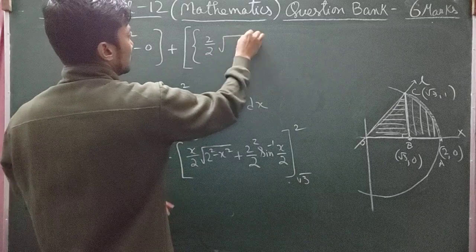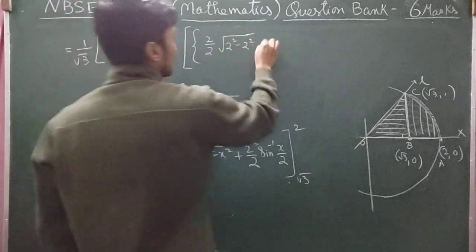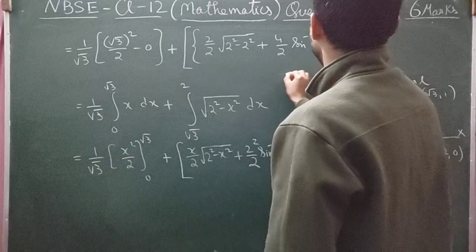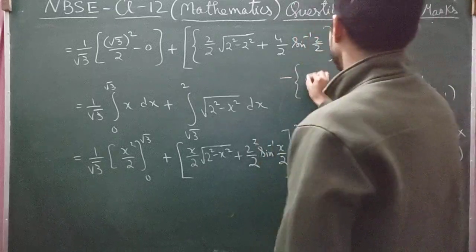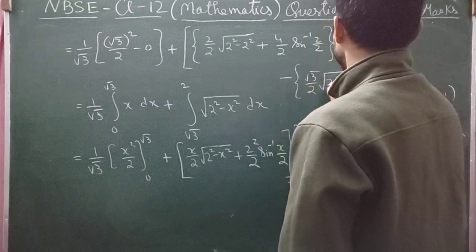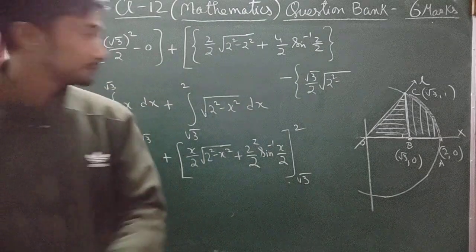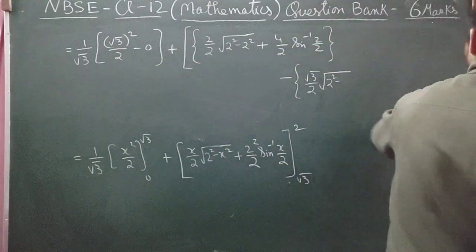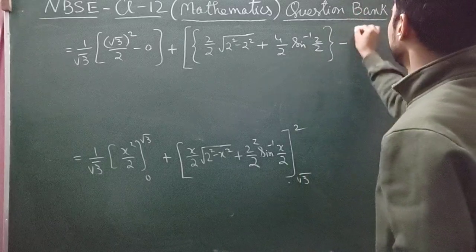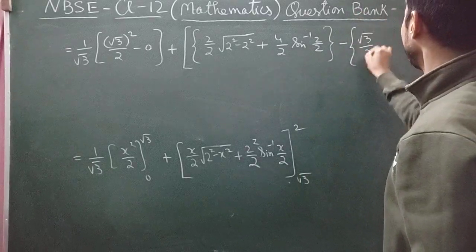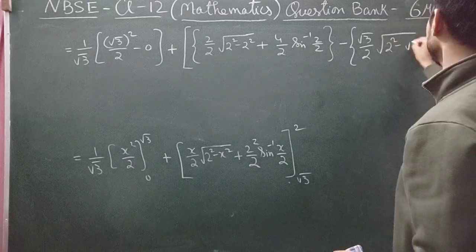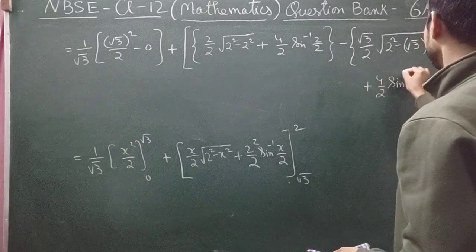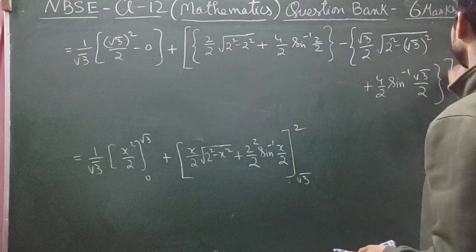So that's 2 by 2 root over of 2 square minus 2 square instead of x, plus 4 by 2 sine inverse 2 by 2, minus root 3 by 2 root over of 2 square minus root 3 whole square, plus 4 by 2 sine inverse root 3 by 2.